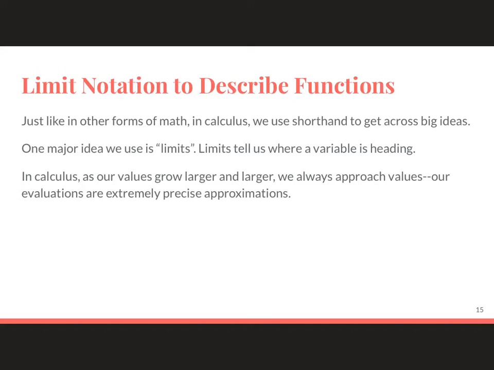Our evaluations are extremely precise approximations. So this is saying if you're going towards x equals 1.5, you're not actually hitting 1.5, you're getting infinitely close to 1.5. So you're looking at really, really small numbers and approximating and giving us a general idea of where we're going.